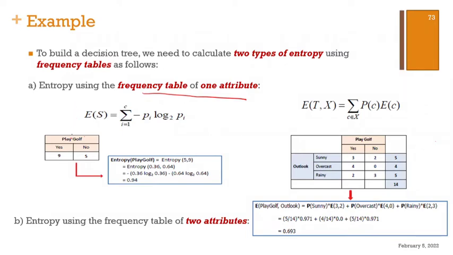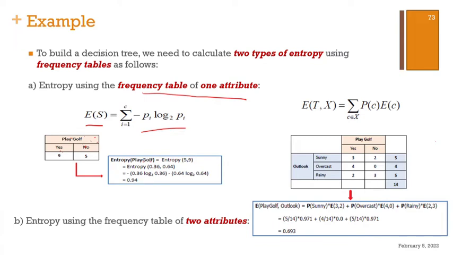Now, this is the formula for entropy. You sum from 1 to C, where C is the number of classes. We have yes and no, so 2 classes. It is minus p_i log p_i to base 2. So this is the formula. We are trying to calculate the entropy of Play Golf.